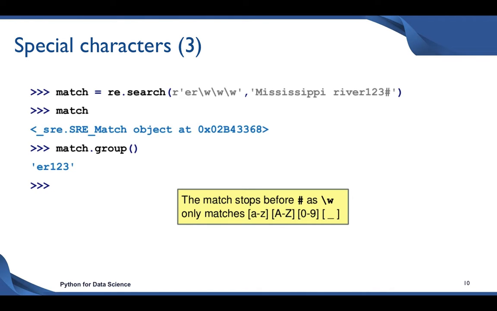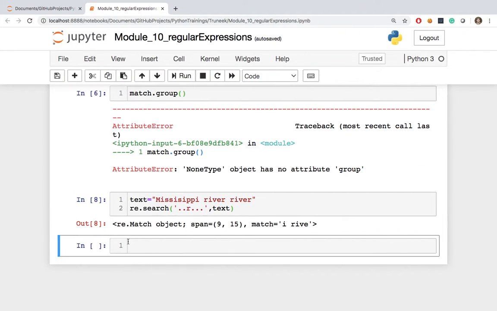So let's see this in working. For example, I have this re.search, then I put an r, I wanted to do r ER, then after that I want to do a \w, \w and \w. Let us see what will happen.